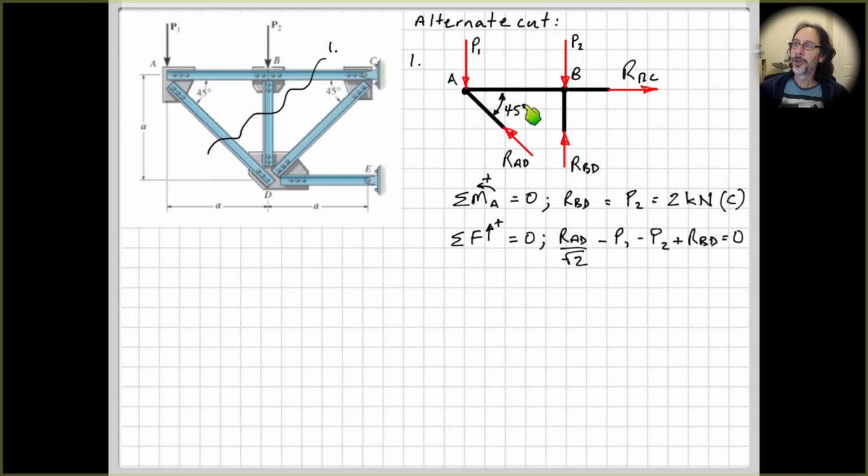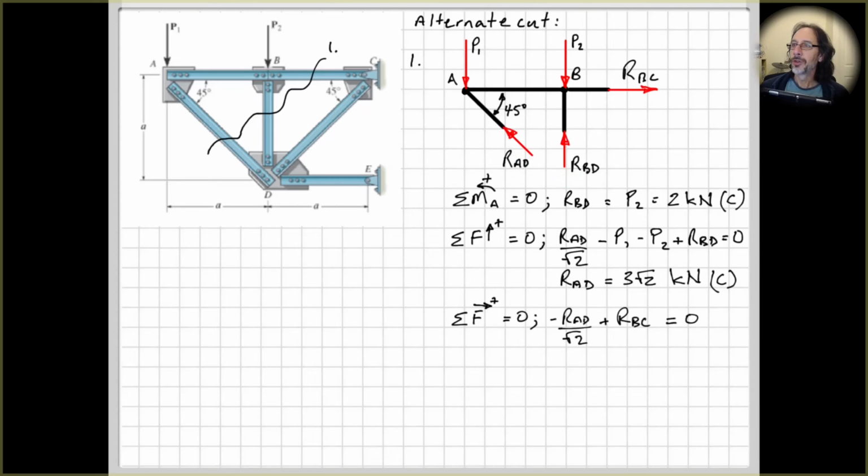So RAD, the vertical component here, is RAD sine 45, or RAD over root 2, minus P1 minus P2 plus RBD. So we can solve for RAD and get 3 root 2. Right, we can see that force is pushing into the member AD, so this one's in compression.